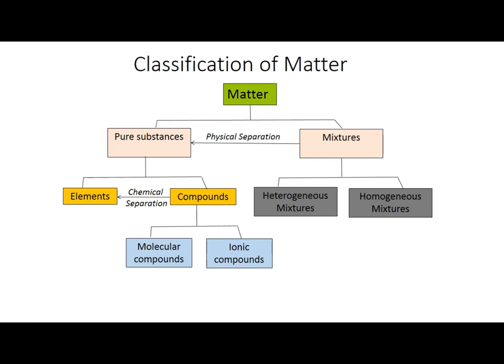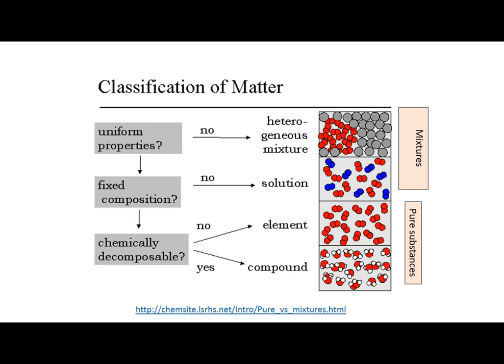So this is a very similar flow chart, just like the one I just drew, but this looks nicer because it doesn't have my terrible handwriting. It's typed. I wanted to show you some pictures of the different mixtures versus pure substances. On the left-hand side, it shows you how you would decide, right?